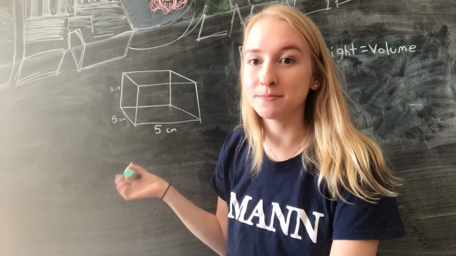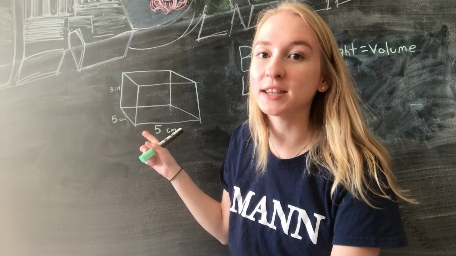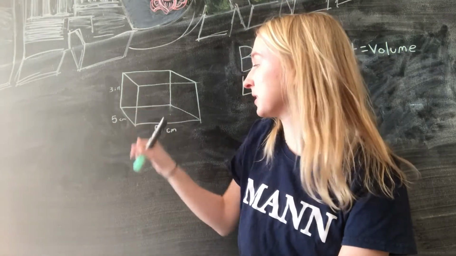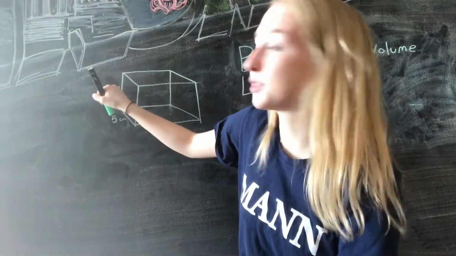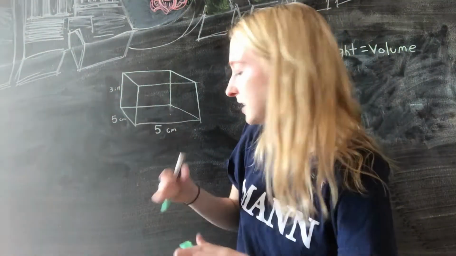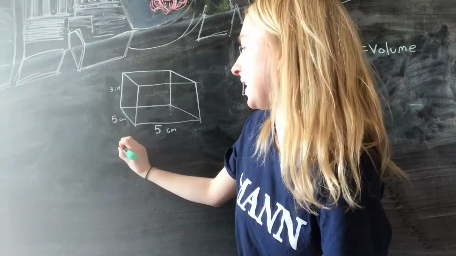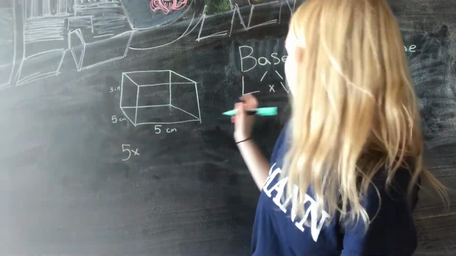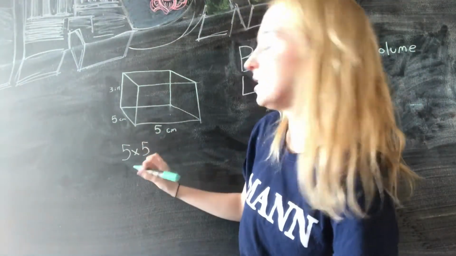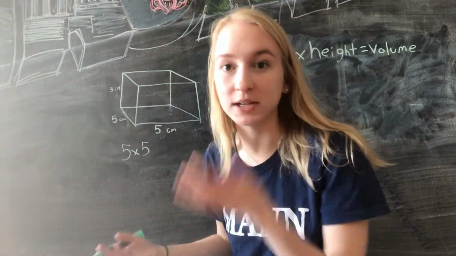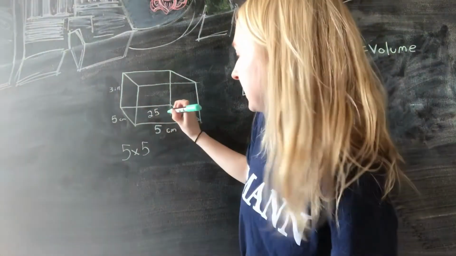Just changing up the dimensions of this rectangular prism a little bit, we're now trying to find the volume of a rectangular prism that is 5 centimeters by 5 centimeters by 3 centimeters. And so looking back to our formula, the length here is 5, and the width here is also 5. 5 times 5 we know will give us 25, so I'm going to write that in here just as a reminder for myself.